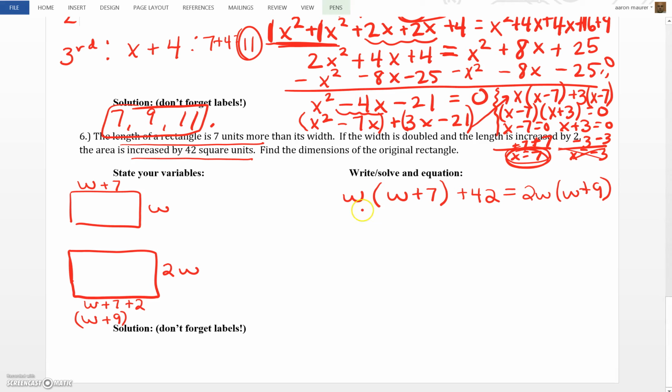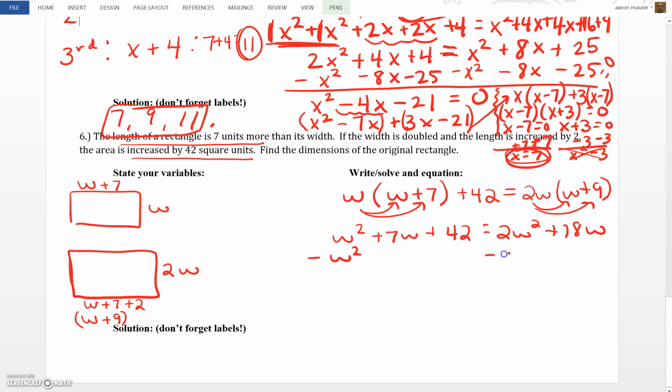So let's go and let's start simplifying. So I get W squared plus 7W plus 42. And over here, I simplify that to get 2W squared plus 18W. So what I need to do now is I need to get it equal to 0. I'm going to move everything to the right because I like my first term to be positive.